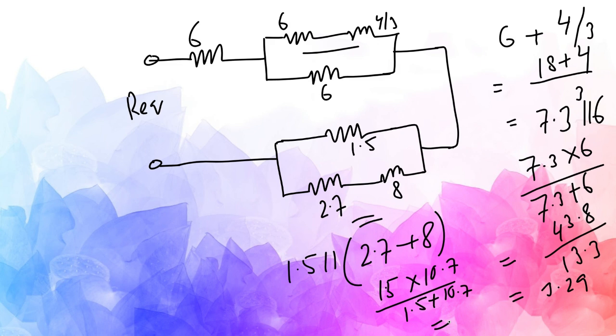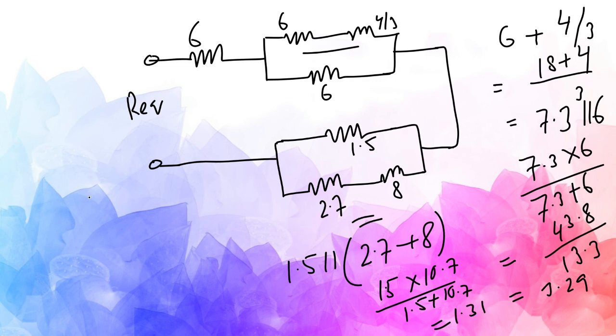Let me do the calculation. 1.5 into 10.7 divided by 1.5 plus 10.7. So it has become 1.31.